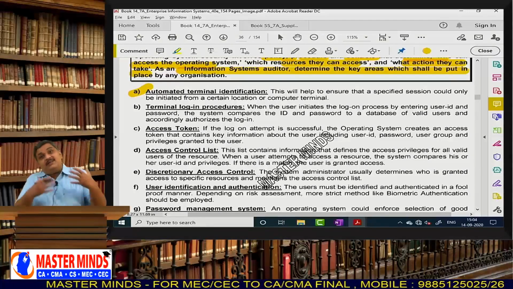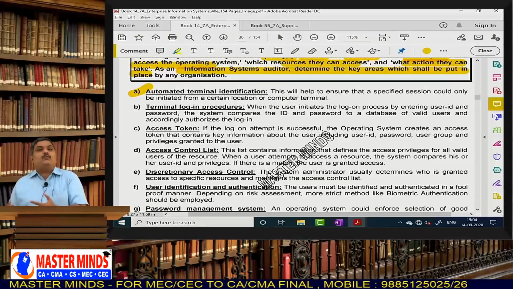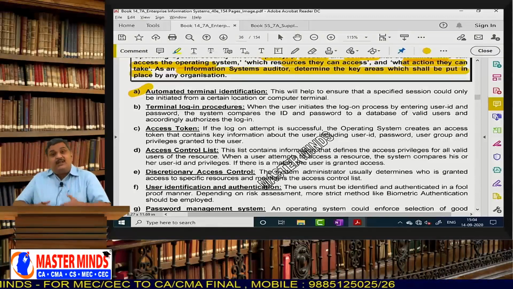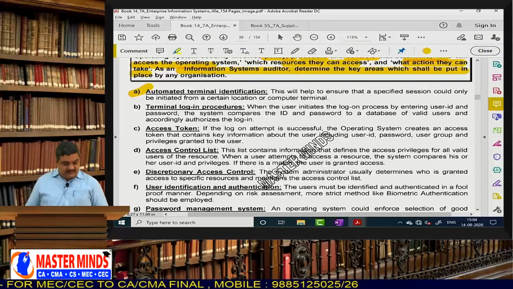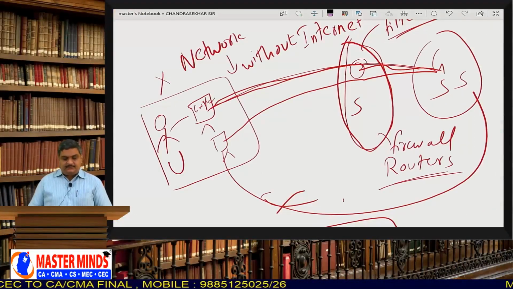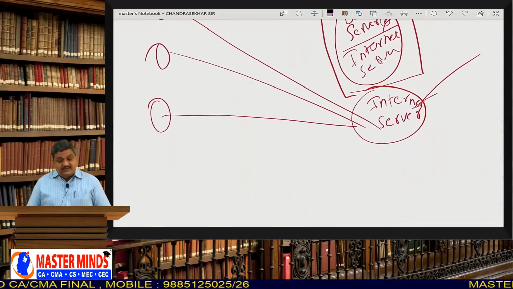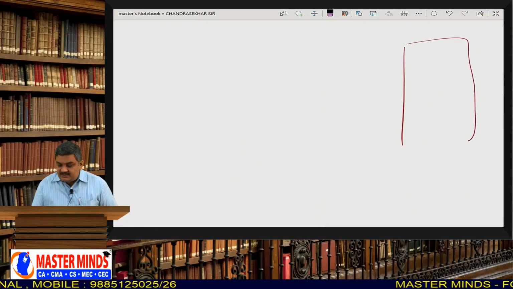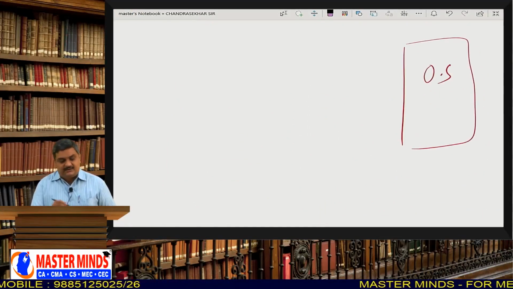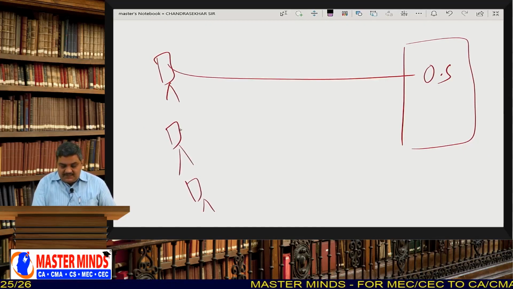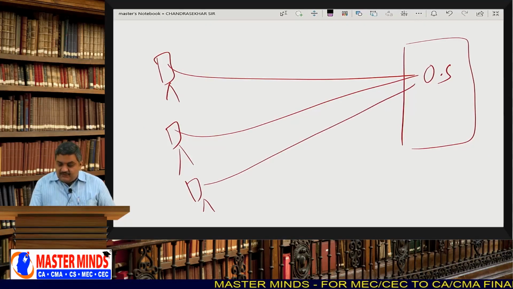That means the operating system in the server should know who is accessing the data, from which terminal the request comes. See, there will be an operating system in the server, isn't it? So, say for example, this is the server and there is an OS here and there will be many clients here accessing the data. So, now the operating system should identify from which terminal.